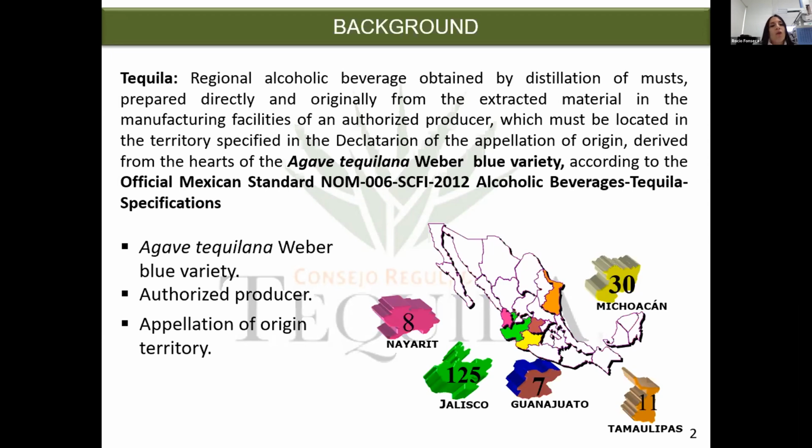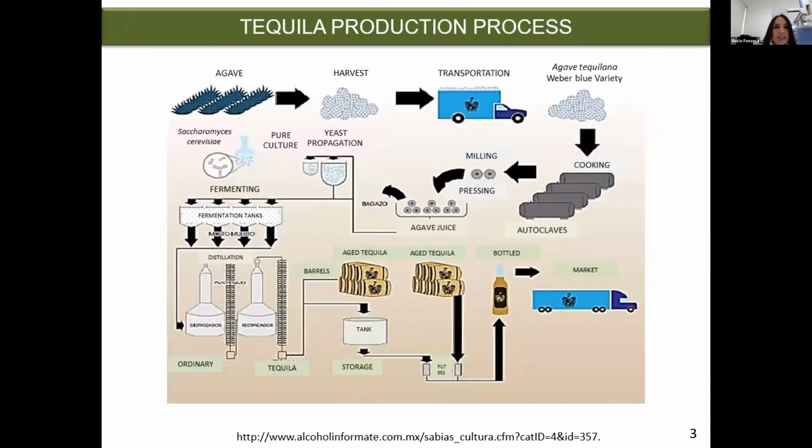Now, you know what tequila is, and tequila has two categories. The tequila production process is in this slide. The agave is in the field. After that, the agave is harvested and transported to the factory.